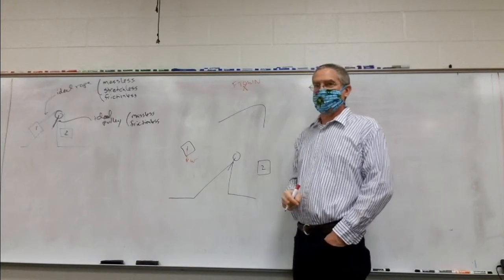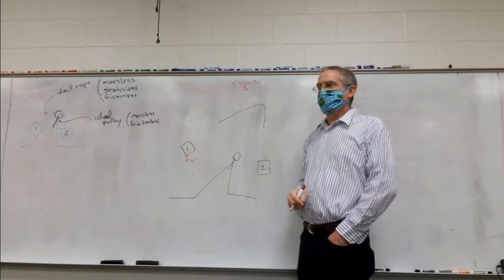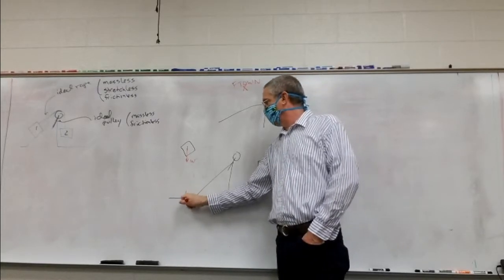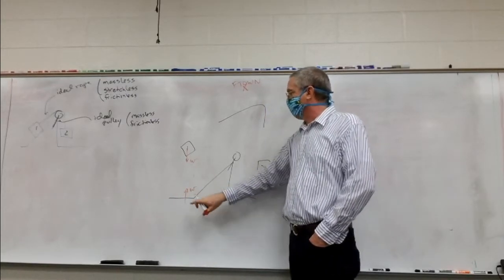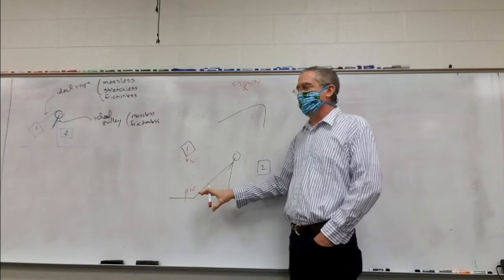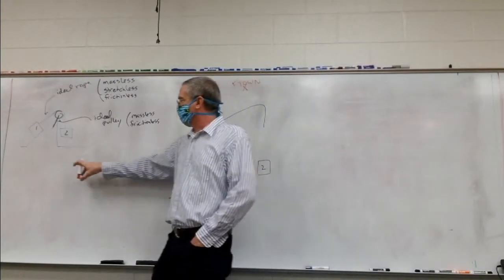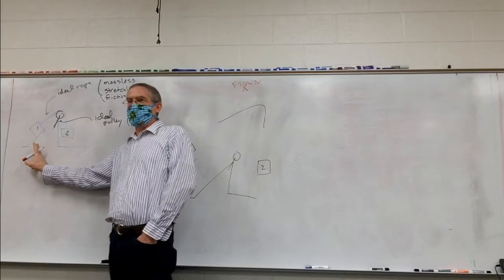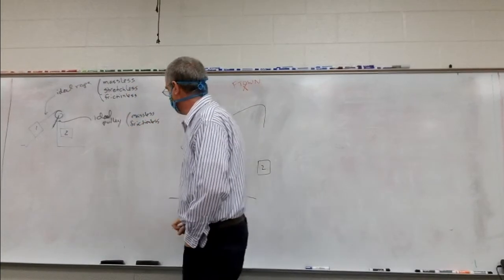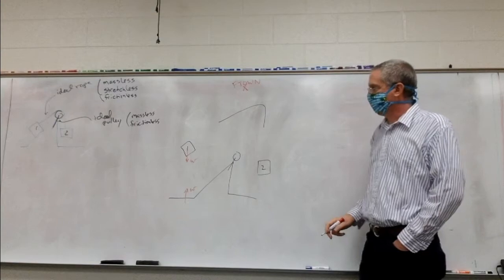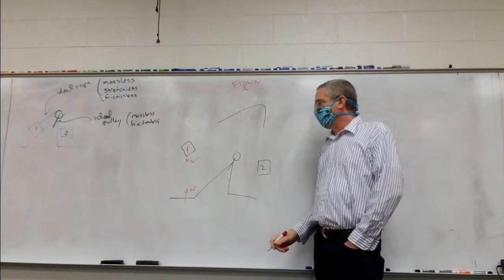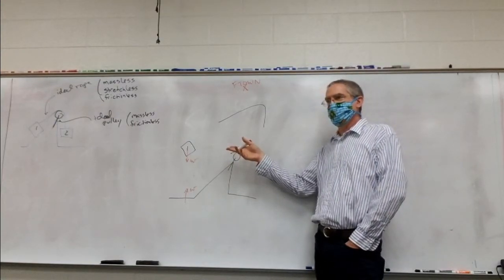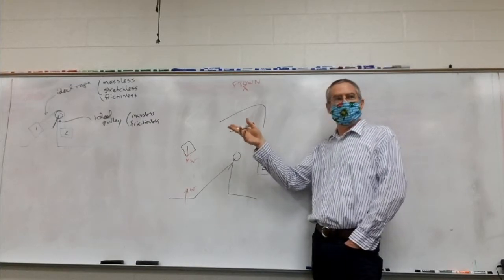But they come in pairs. Now, I drew it over here, it's on the ground somewhere. If you want to draw the arrow here, like it's part of this ramp, that's fine too. All right, we're good with this? I got a subtle nod over there, I got two nods.